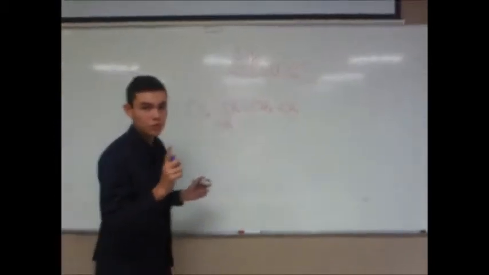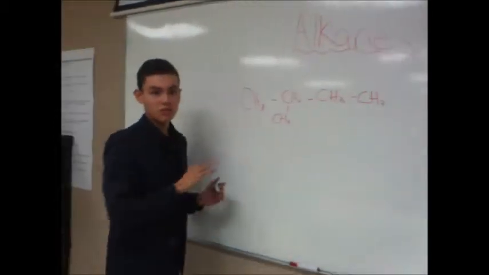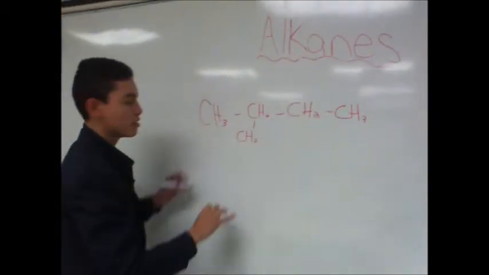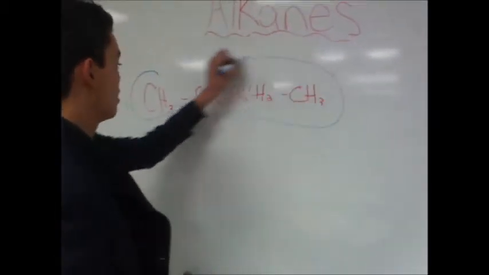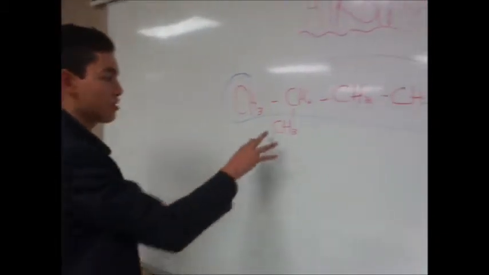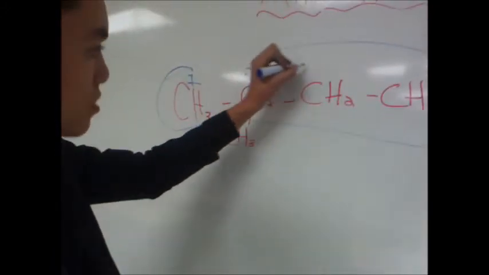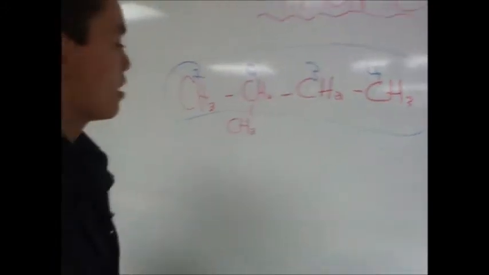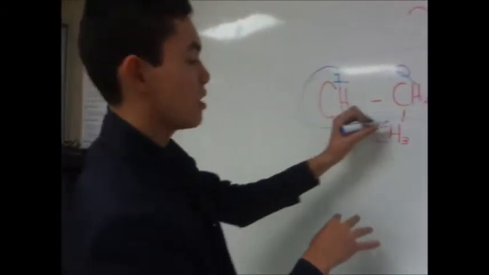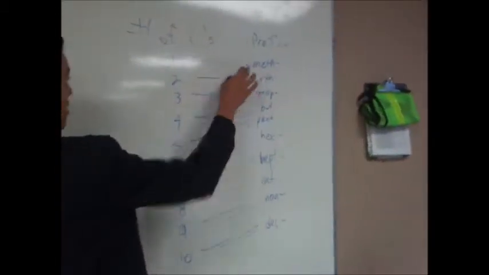First of all, you have to locate the longest chain. As you can see, there are 4 carbon atoms in consecutive form, so I will take this. And I will number the carbon atoms according to the substituents, which are these. So we'll put 1, 2, 3, and 4. This substituent only has 1 carbon atom, and we call it methyl because of the prefix.